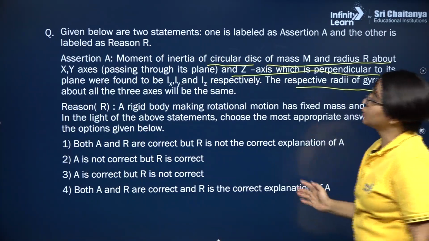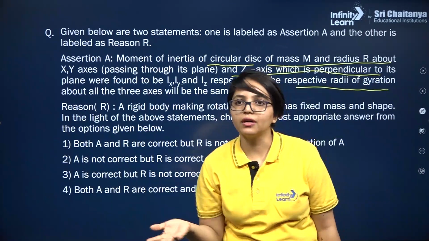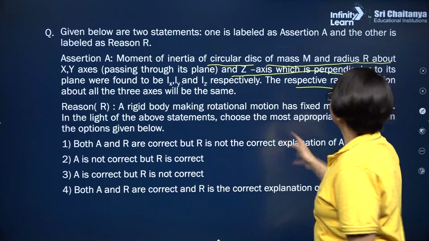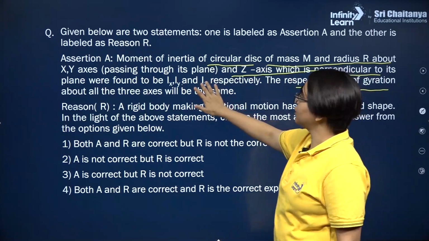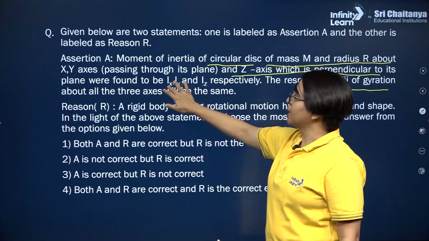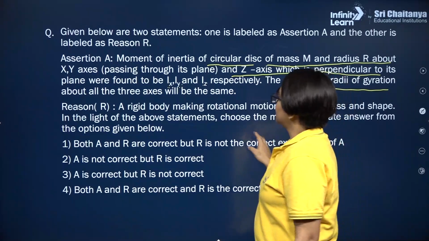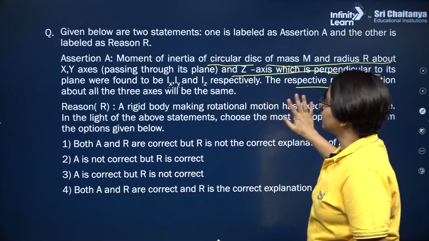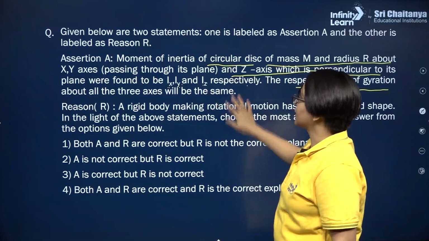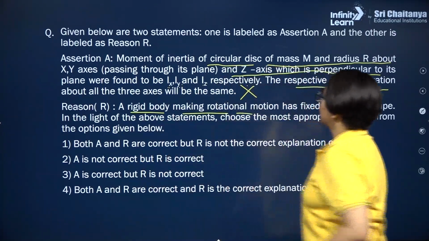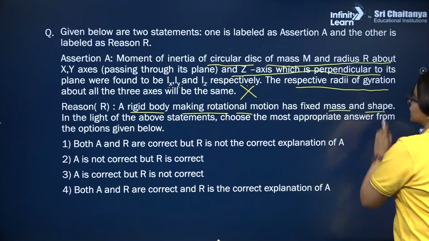No, the radii of gyration about these three axes will be different, because the moment of inertia perpendicular to the plane is mr square by 2, and in the same plane along the diameter is mr square by 4, right. So the radii of gyration will not be the same for all three axes. So this is wrong.